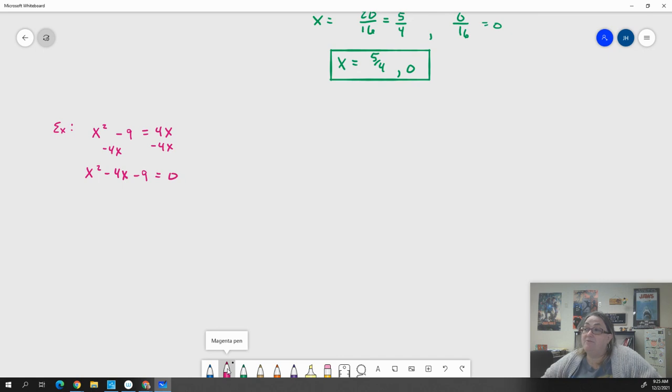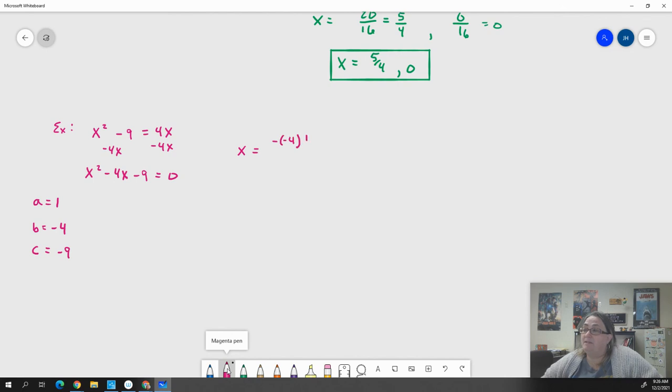I'm in that standard form, so I'm going to go ahead and identify my A, my B, and my C. In this case, my A is just 1. There's nothing in front of that x squared. My B is negative 4, right? Because that's what's in front of the x. And my C is negative 9. And so I can start plugging those in. x equals minus B. Well, minus B is minus 4.